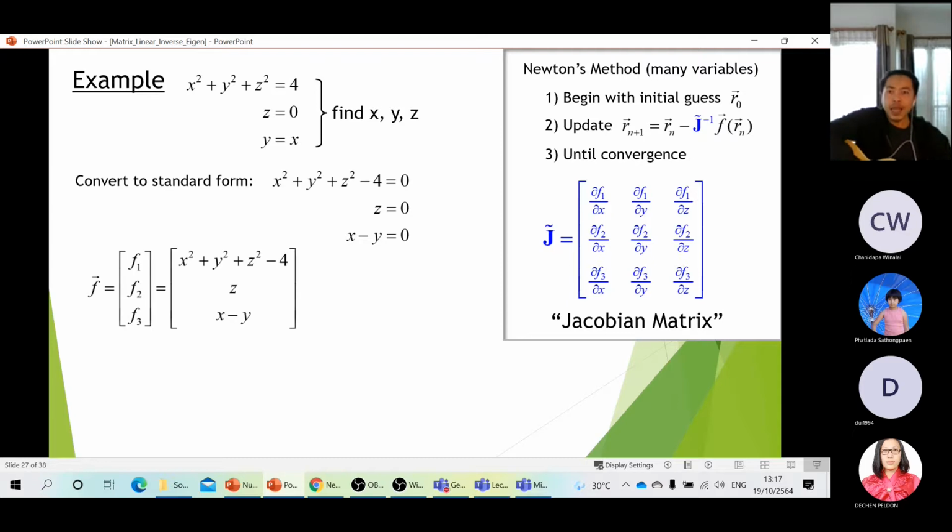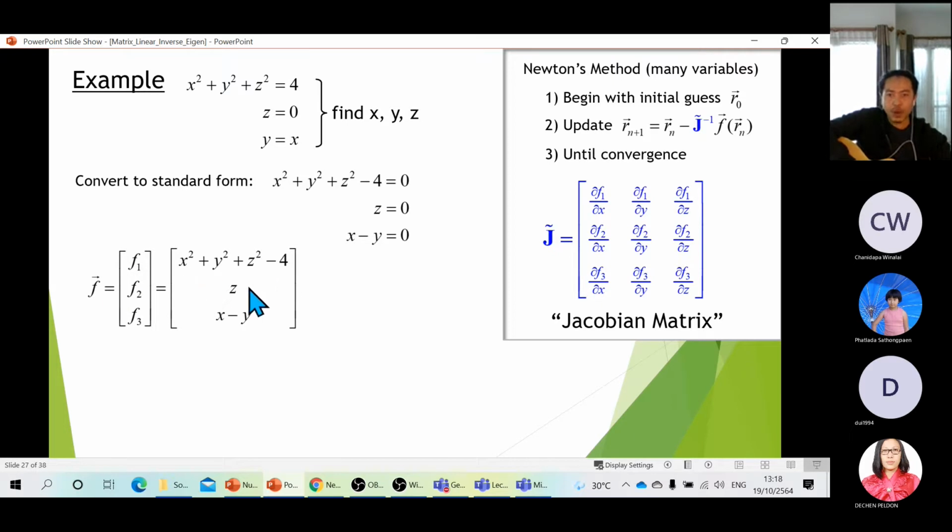Now remember for the updating scheme, we need to know the vector of f, the values of the f function for f1, f2, f3. So we define it here. Once we know the left-hand side, we then define the value of the f vector like so.